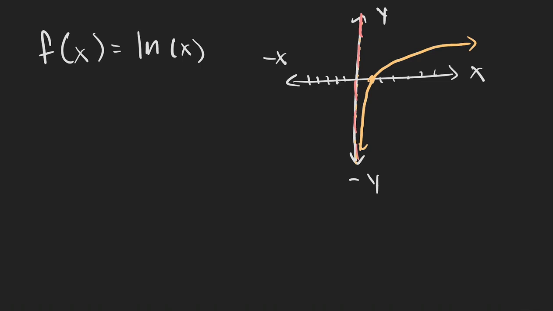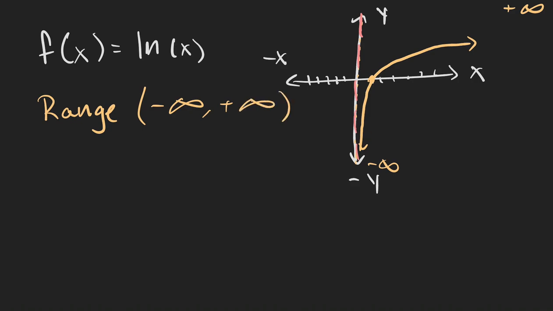So automatically we can see immediately that the range is going to span from negative infinity all the way to positive infinity. Even though this is a really slow growth towards positive infinity, it's still increasing.